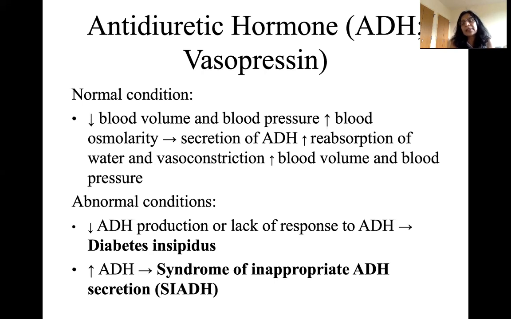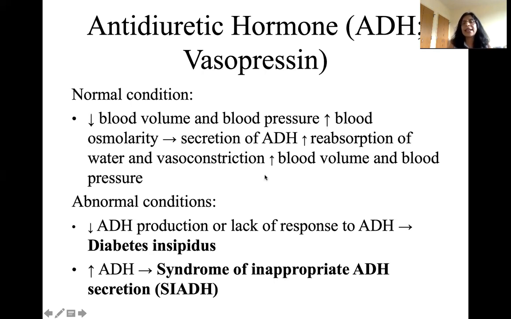So greater osmotic concentration of the blood is sensed by osmoreceptors in the hypothalamus, and therefore the hypothalamus would then release more vasopressin.